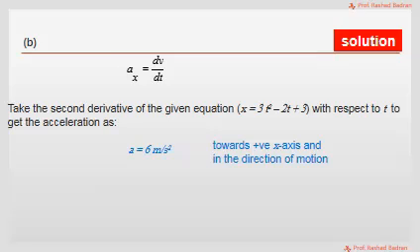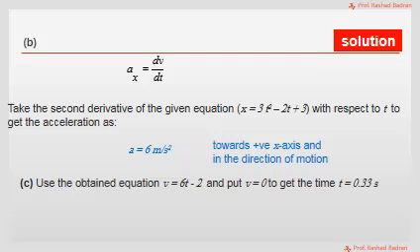This answer is also positive. It means in the direction of motion. And to get the time where the object is at rest, you just put in this equation v equals 0, and you get a time of t equal 2 divided by 6 seconds, that is 0.33 seconds.